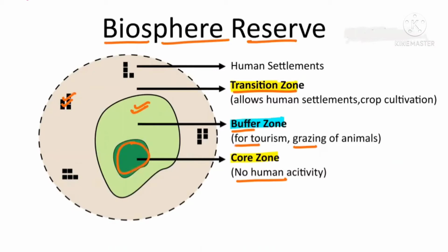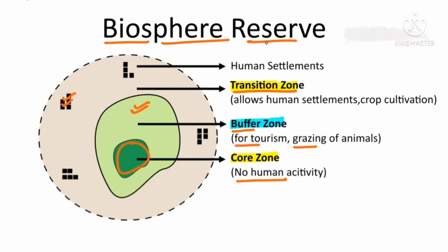Their animals are allowed for grazing. So this is the biosphere reserve, which is aiming to save diversity, not only at the plant or animal level, we try to save the tribal people also. Biosphere reserves are the ones which aim to save diversity along with the local tribal people as an integrated part. They believe they are also an important part.